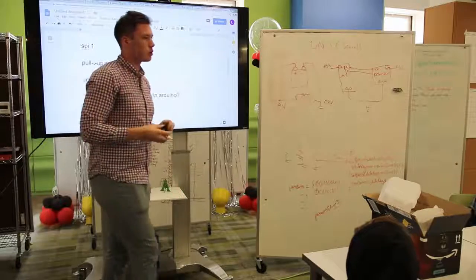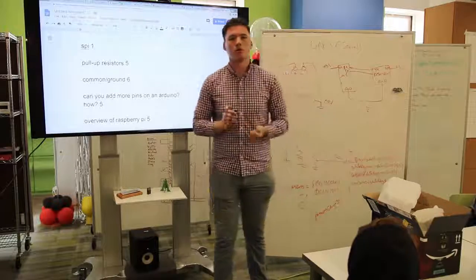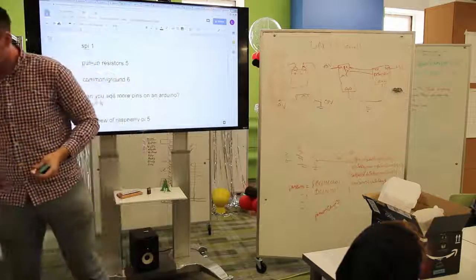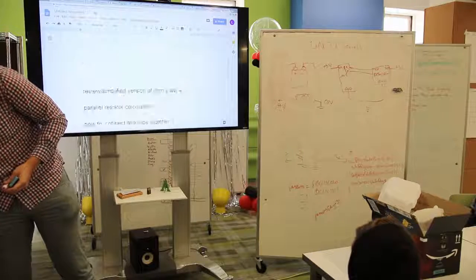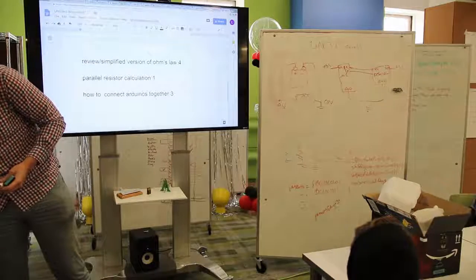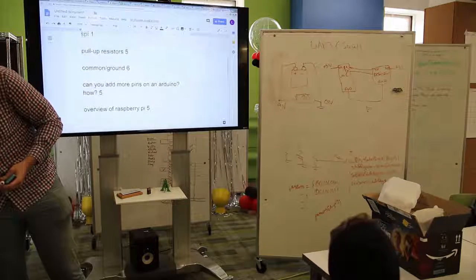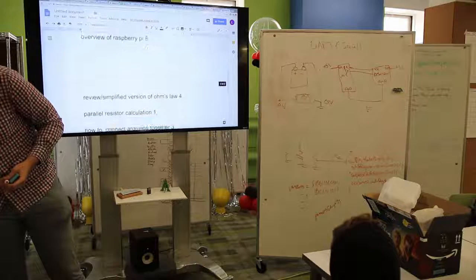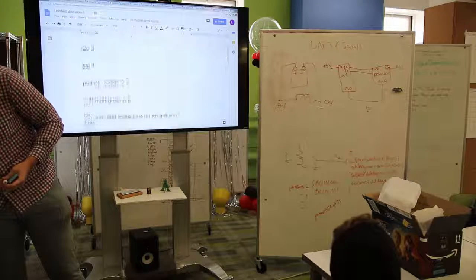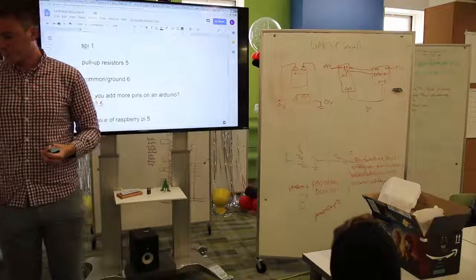Cool. Good question. Anything else on ground or common? Why it's important? Cool. All right, what's up next? Oh, we got a tie for a bunch of stuff. I didn't realize how long this takes, so I only have time for probably one more. Is there anyone in particular you want to hear more about? I'd say between adding more pins on Arduino or pullup resistors, because an overview of Raspberry Pi, we probably don't have time for.